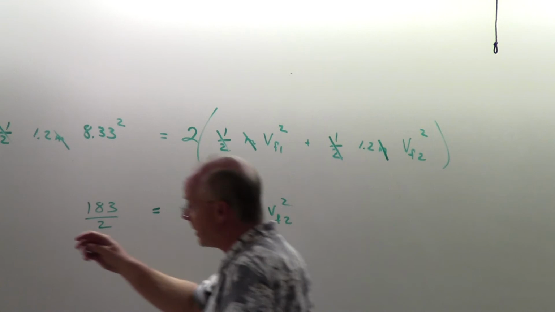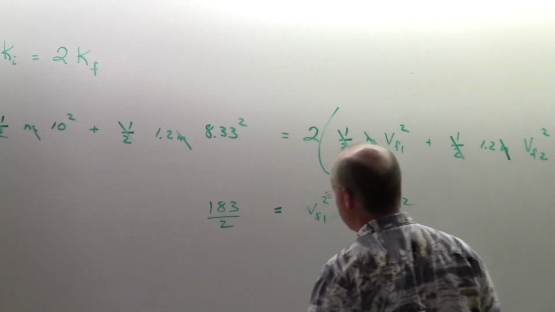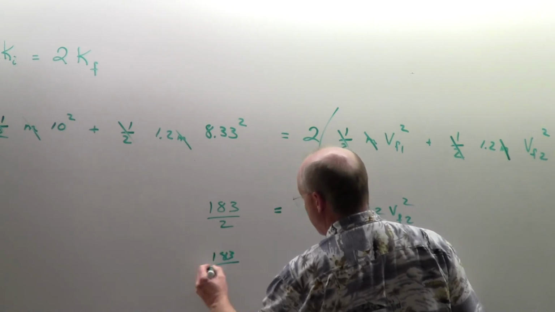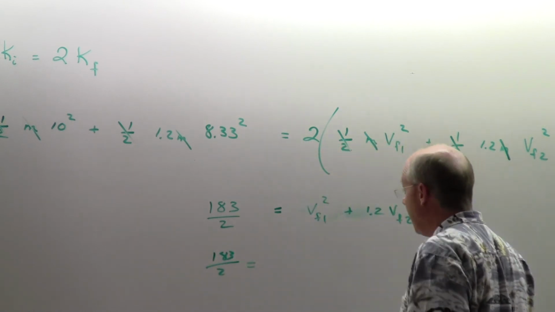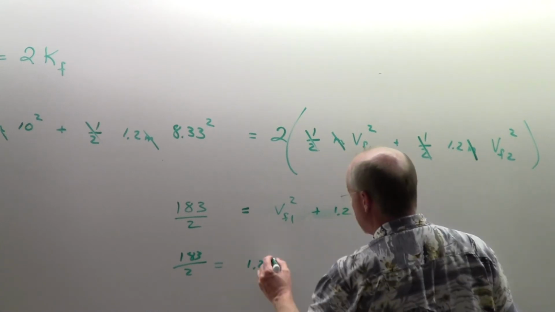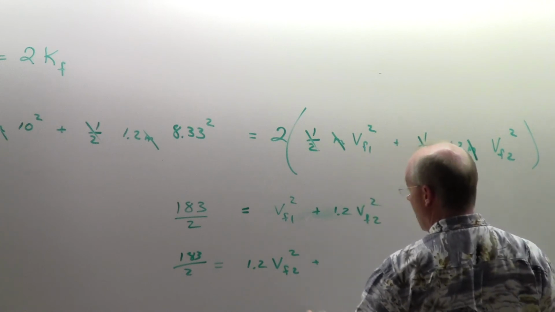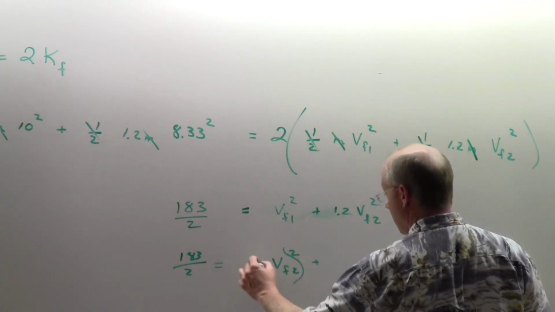And that's where then this one can come in. I'll put V1 here. And so 183 divided by 2. And in place of V1, I will put 1.2 times V final 2 squared. And, oh, it's the whole thing squared.